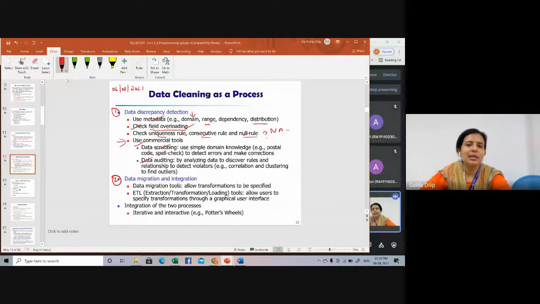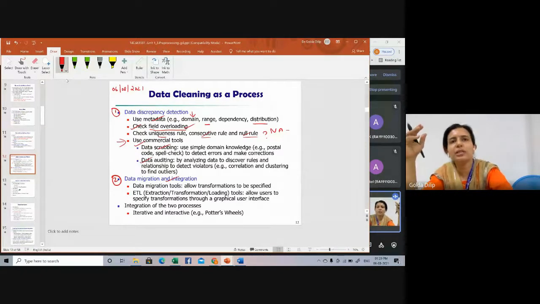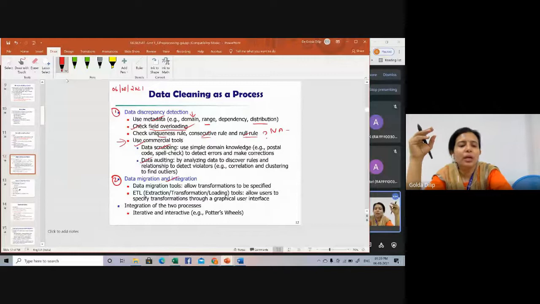Then the second step involved in data cleaning is what is called data migration and integration. The transformation I mentioned is not just one transformation; it could be a series of transformations that has to be applied onto the data.